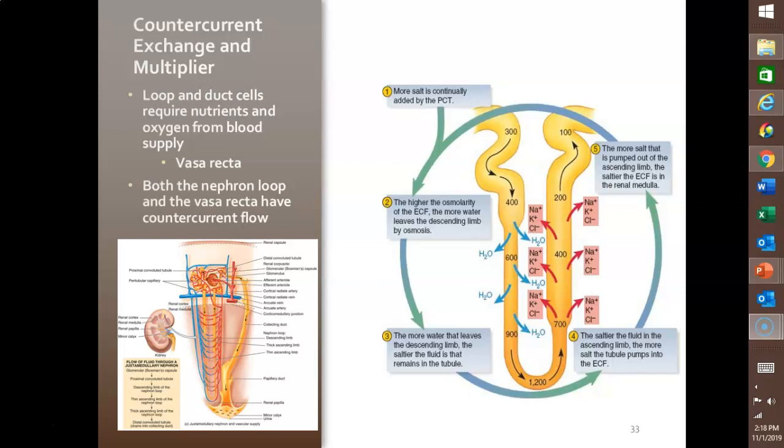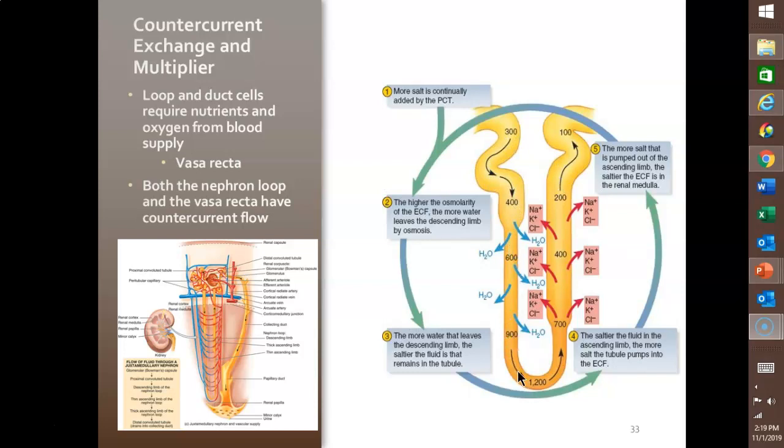So as we move now into the ascending limb of the loop of Henle, remember that the cells that make up the wall of the ascending limb, and the proximal convoluted tubule, and most of the distal convoluted tubule are pretty much impermeable to water unless antidiuretic hormone is present. So we've removed lots and lots of water as the filtrate travels down through this pathway.